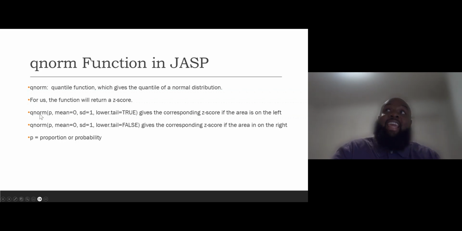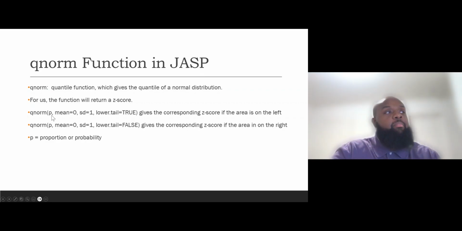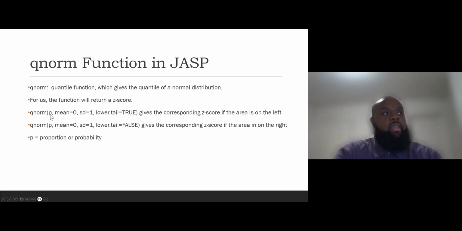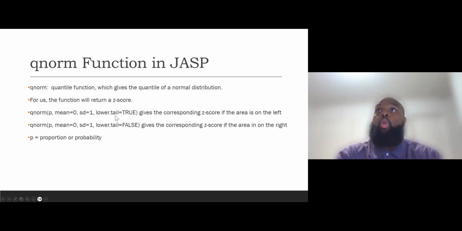Instead of taking a z-score, it's going to take as an input a probability or proportion. So I'm going to have q-norm. I'm going to give it the proportion that's represented by the area under the curve. That's what this p is going to be. I'm going to have a mean of 0 and standard deviation of 1 because we're in a standard normal distribution, and we're still going to use lower.tail equals TRUE if our area represents from some z value and all the values to the left of it, right?